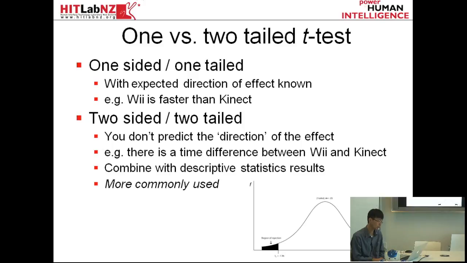While the two-sided test, or two-tailed test, is not assuming such a thing, but just focusing on whether there is a difference between two or not. And two-tailed tests are more commonly used because this is more conservative, I would say.